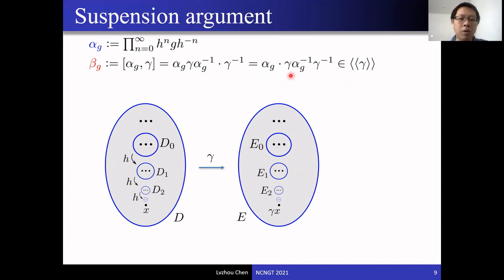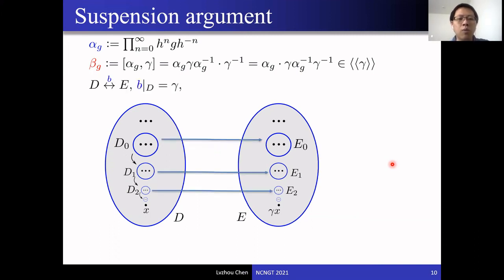Parsing the commutator the other way, we see that this is alpha G multiplied by a conjugate of alpha G inverse by gamma. So what beta G does is that it applies a copy of G to each disk Di and applies a copy of G inverse to each disk Ei. And it is the identity outside of these two sequences of disks.